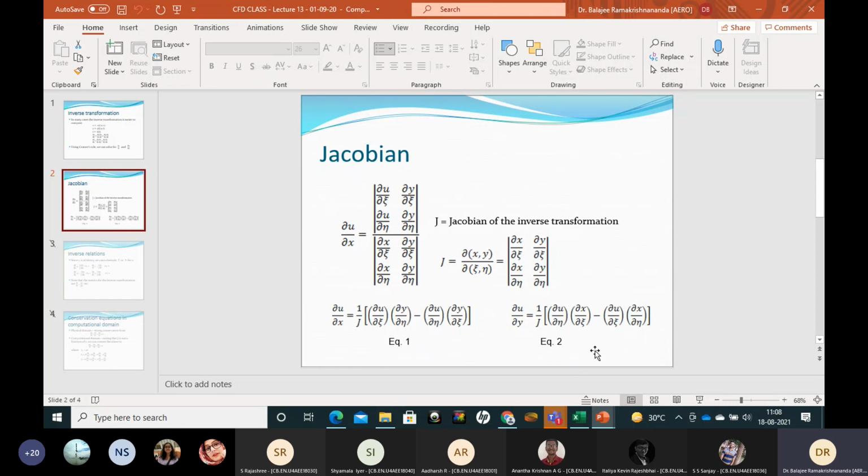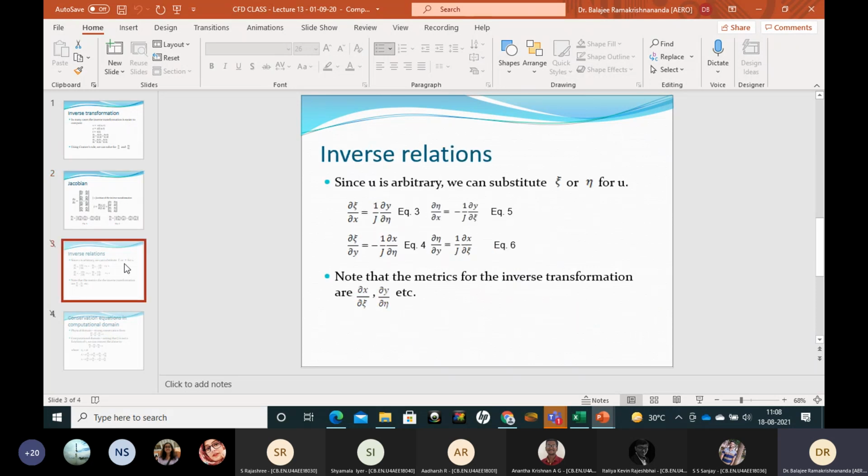Remember that ∂x/∂ξ is easy to calculate, and ∂x/∂η is easy to calculate. What you don't know is ∂u/∂ξ and ∂u/∂η, because u is an unknown. Now u is any function.